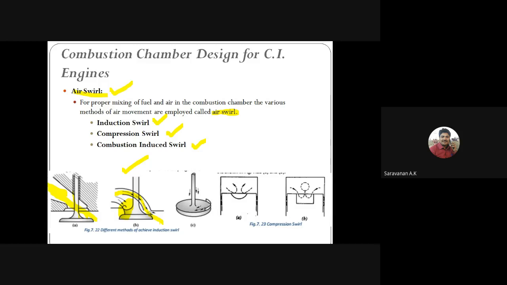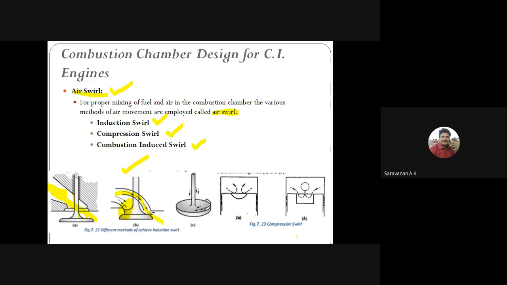So the air enters only around part of the periphery of the valve, and the air swirl is produced. The air will be passing around the periphery of the valve.